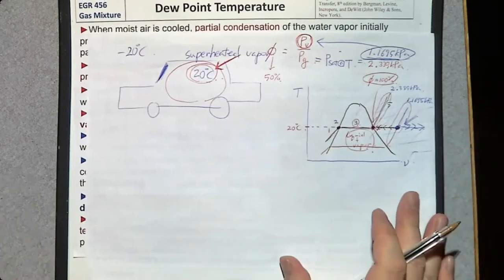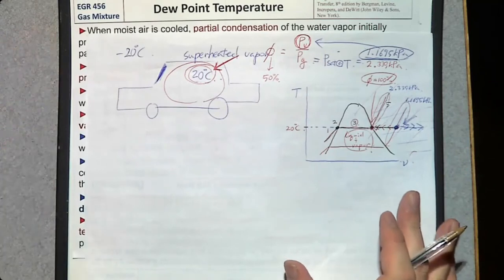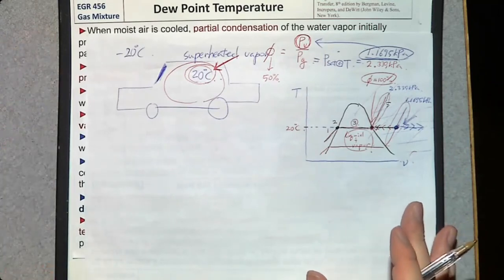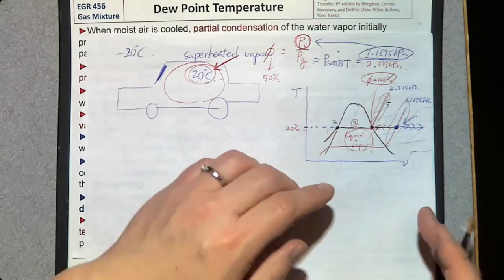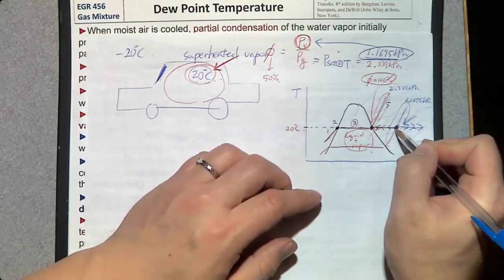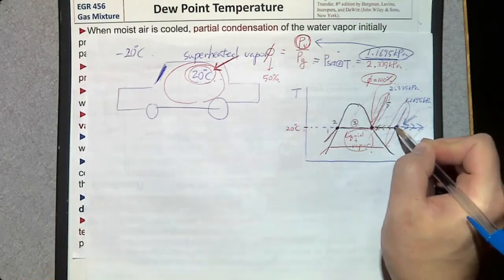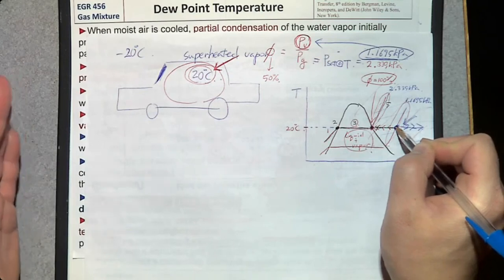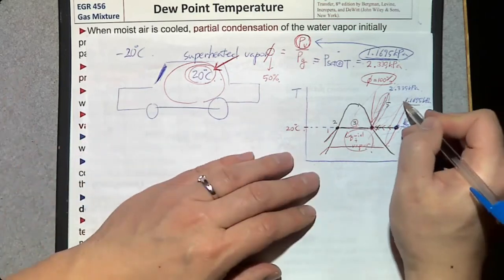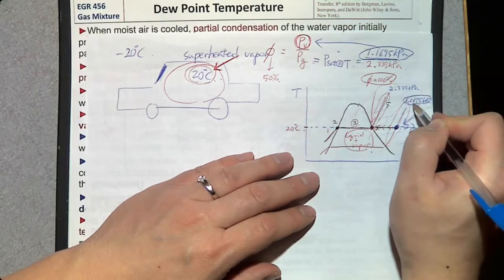What about if you do not add or remove moisture? In what direction can the water vapor move if you do not add or remove moisture? The partial pressure is not going to change.